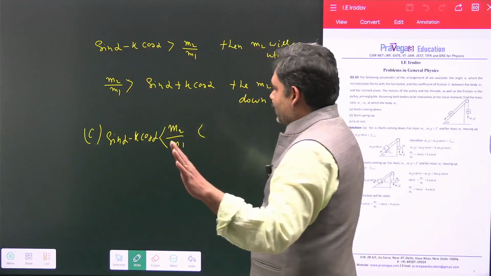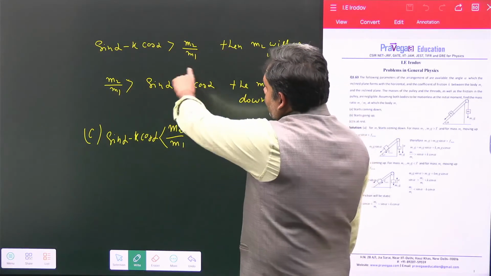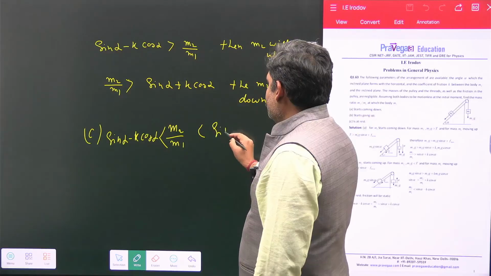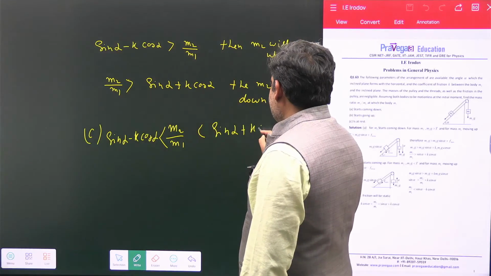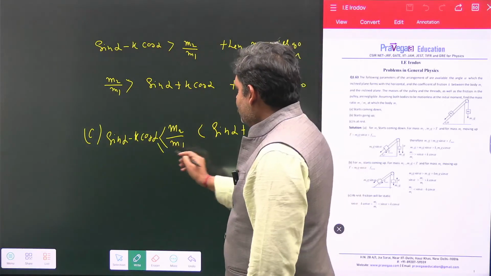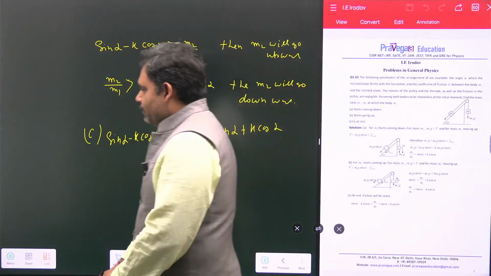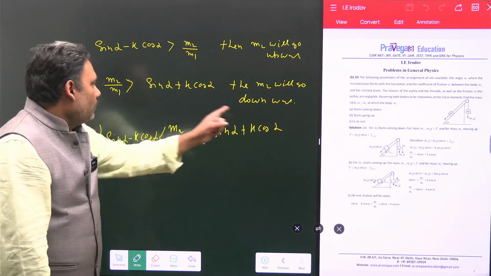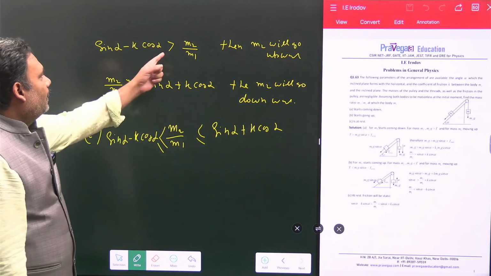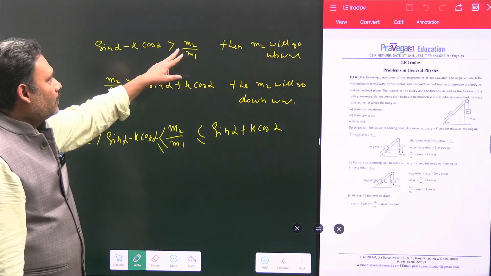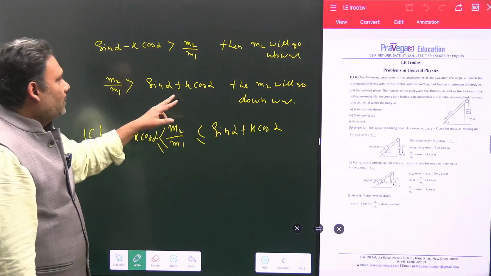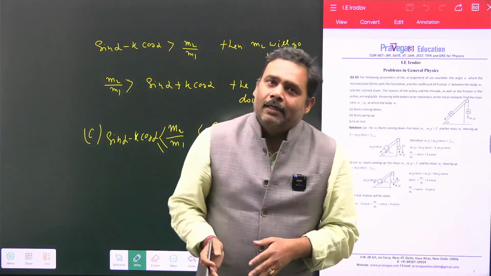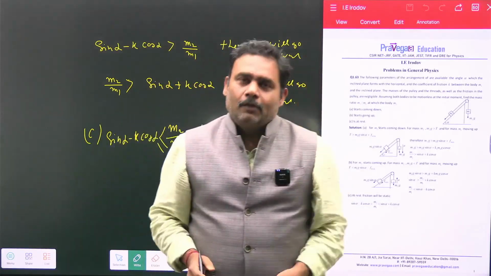Then my particle will stop, or this must be less than sin alpha plus K cos alpha. Here we can take the equality sign also, such that we can go for the limiting case. So this is the reverse of this condition, and the reverse of this condition also. If both conditions are reversed, the particle goes neither upward nor downward.